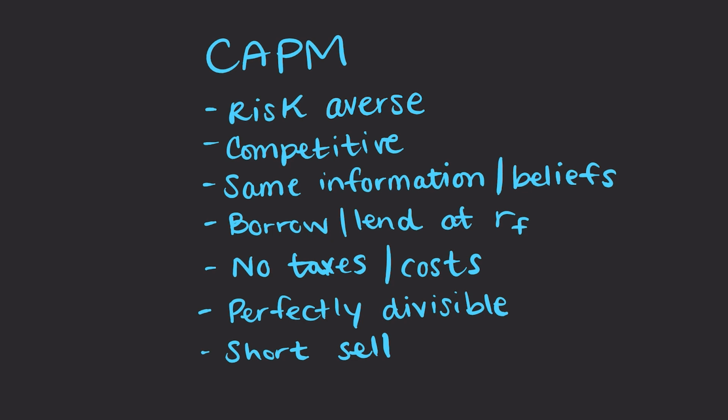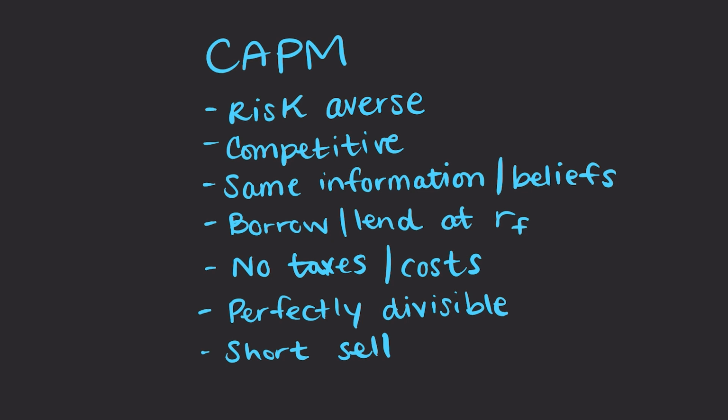Okay, so what happens if we make these assumptions? Well, we've been looking at pictures that look like this. We have our efficient frontier, we have our risk-free rate. Everybody has the same information and beliefs, the same investment opportunities, which means that everybody has the same efficient frontier and the same risk-free rate.